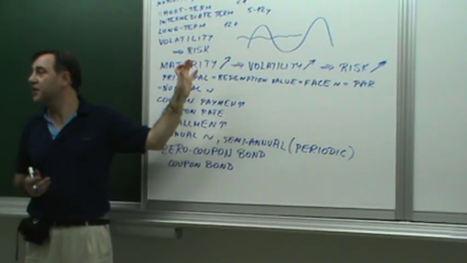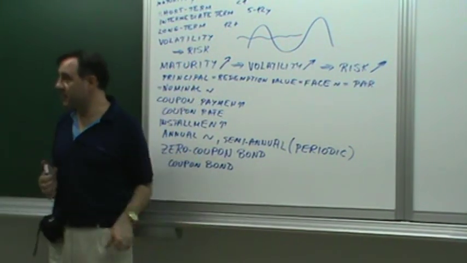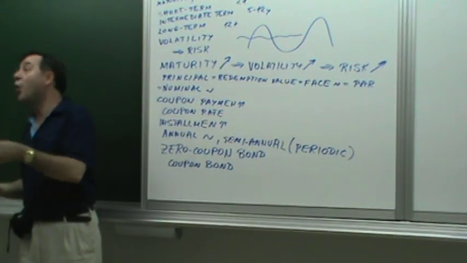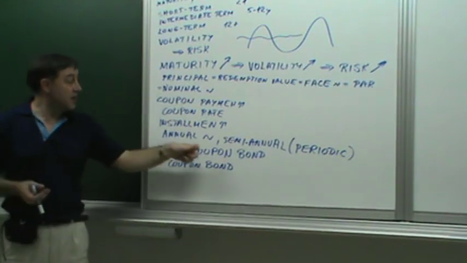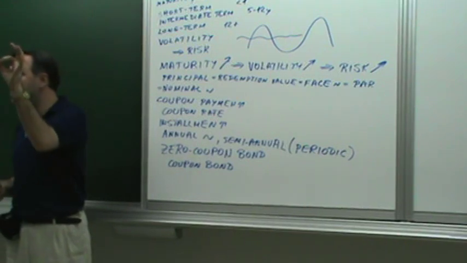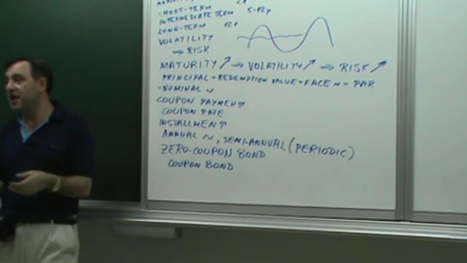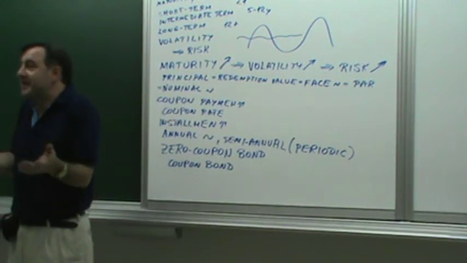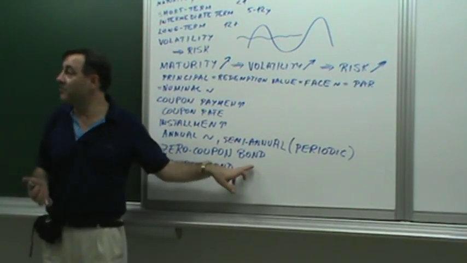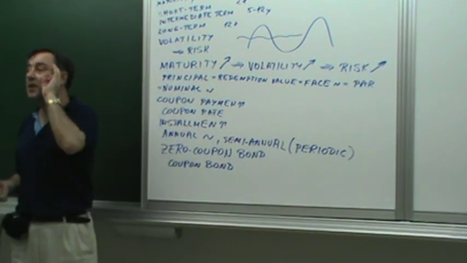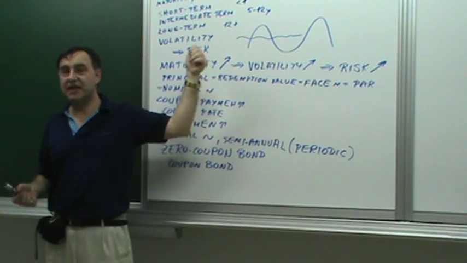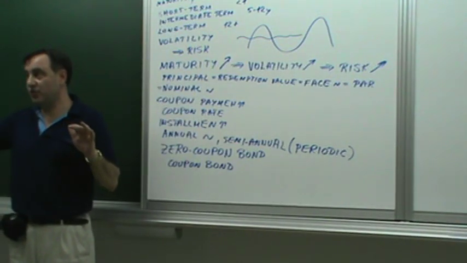Okay, that's a coupon bond. Zero coupon bond is a bond which pays no coupon. Or technically, legally, the coupon rate is zero. And if the rate is zero, then the payment is zero. And if the payment is zero, we simply say that there is no payment. So a zero coupon bond pays only the face value on the maturity date and pays nothing in between.